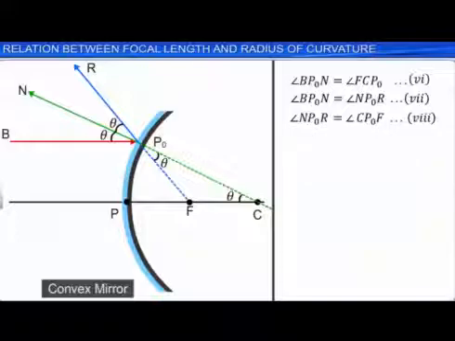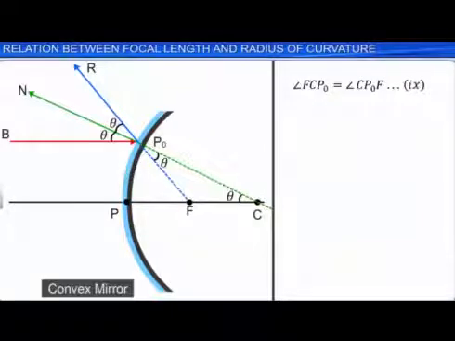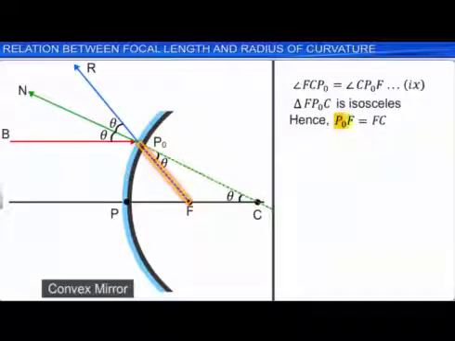From equations 6, 7 and 8, angle FCP0 is equal to angle CP0F. Let this be equation 9. From equation 9, we can say that triangle FP0C is isosceles. Hence, P0F is equal to FC.